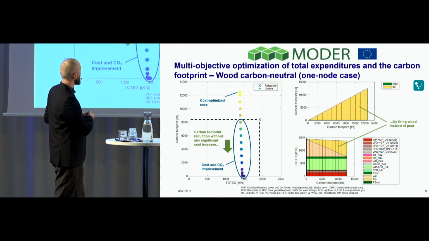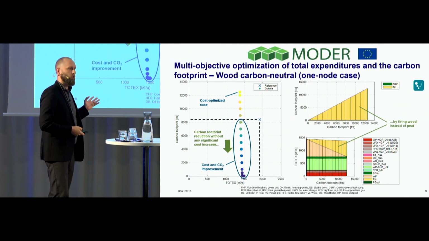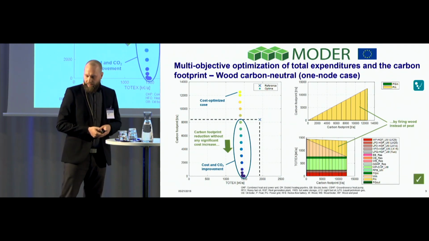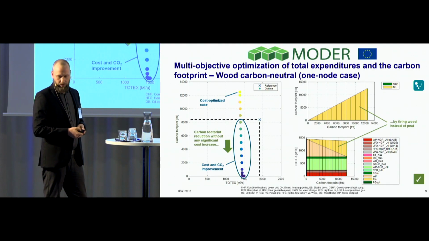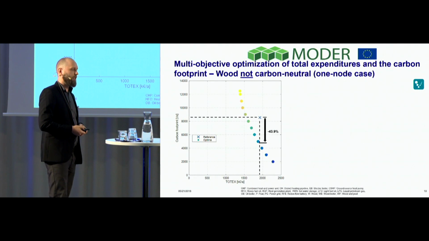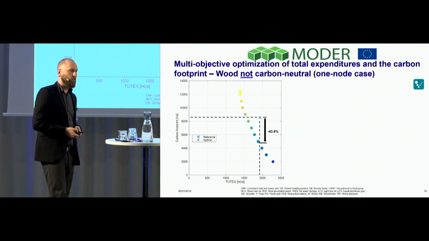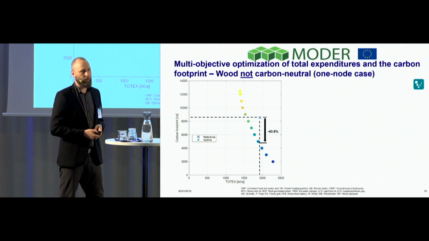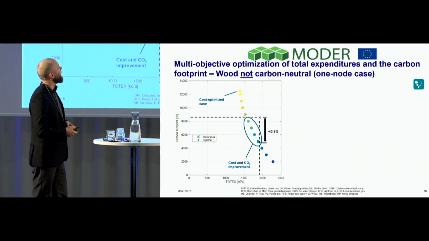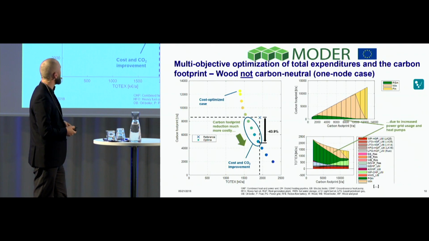This is the reference case here, which represents the situation at the moment on the site. But then we did also another case, which we think was a little bit more interesting. So we assume that wood is not carbon neutral. And then we start to get, I would say, nice results.